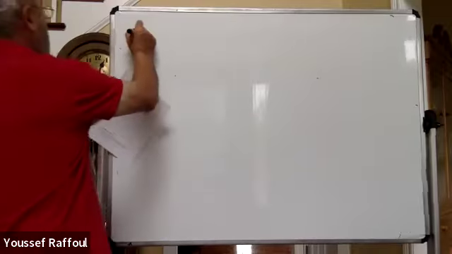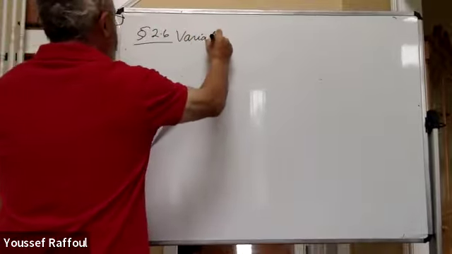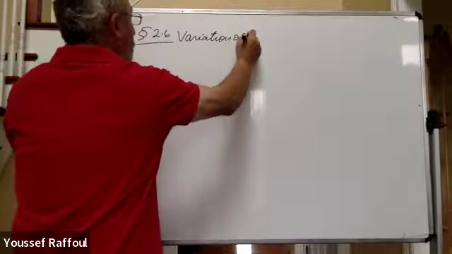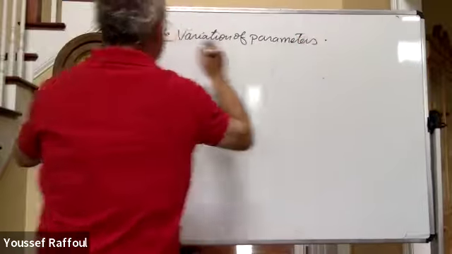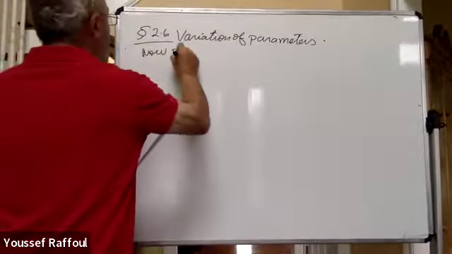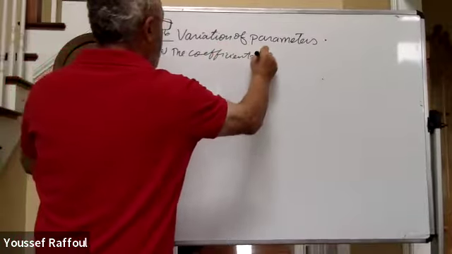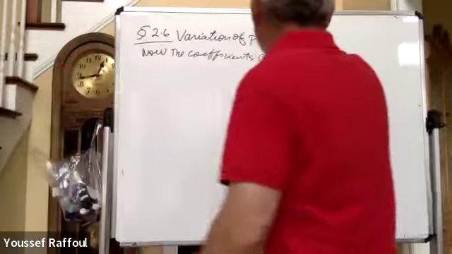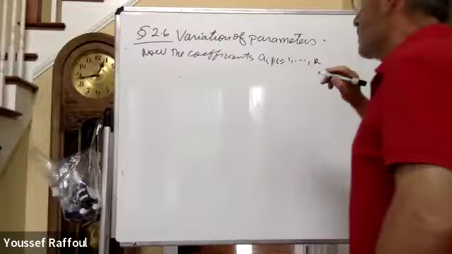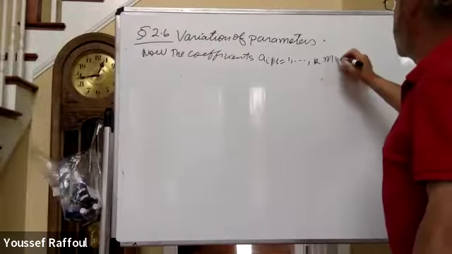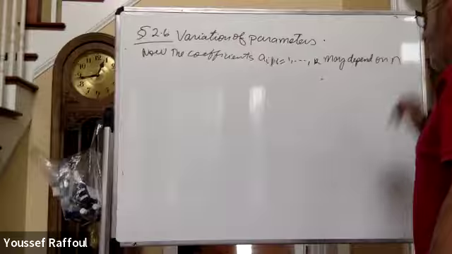So this is section 2.6, variation of parameters. Now, the coefficients ai, i equals 1 to k, may depend on n.